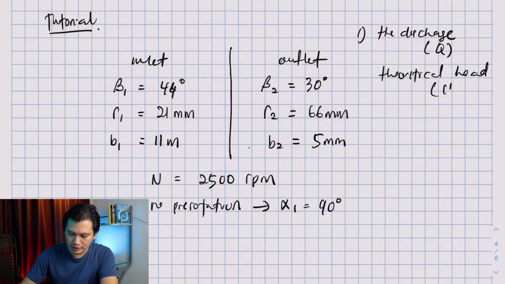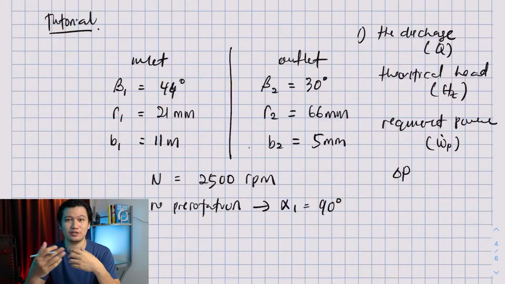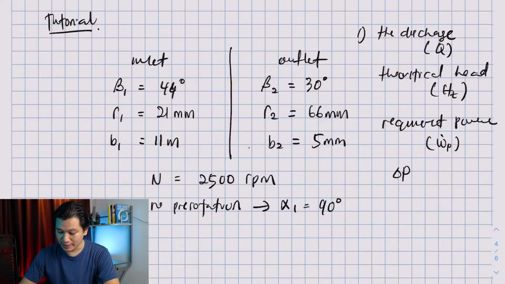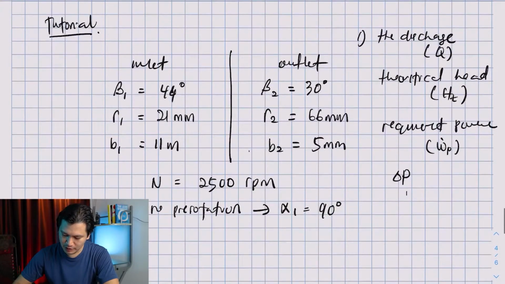Then it also looks for the theoretical head, which is HT, and the required power, which is W dot P. Next it's looking for delta P, or the pressure difference or pressure rise across the impeller. We know that this is P2 minus P1, and we're going to solve this using the Bernoulli equation or energy equation later.